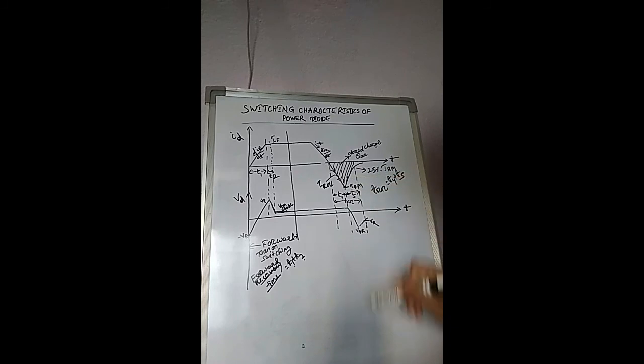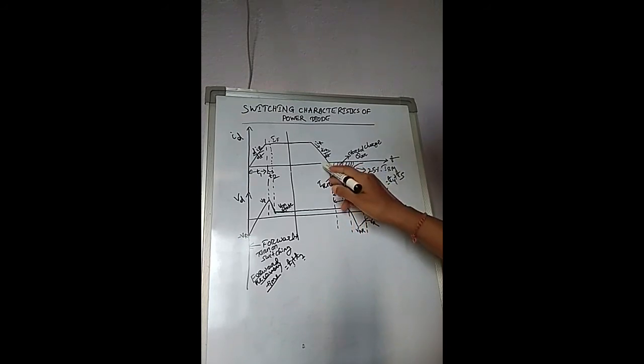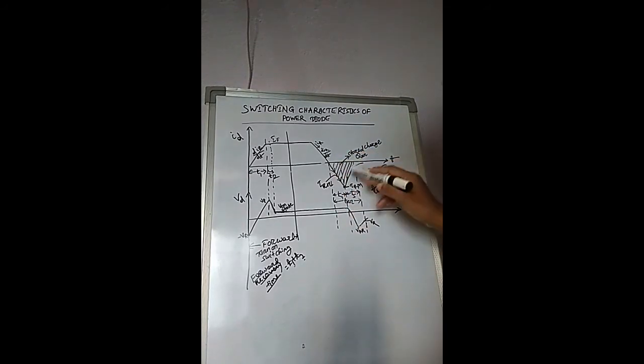So during t4 the current goes from 0 to the peak value IRM, and during t5 all the charge stored in the depletion layer is removed. t5 is measured from the instant of IRM to the instant where 0.25 of IRM is reached.